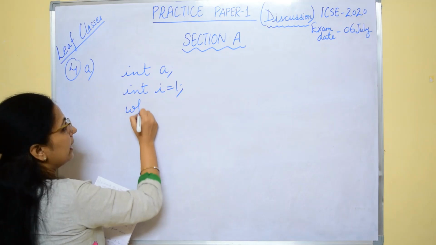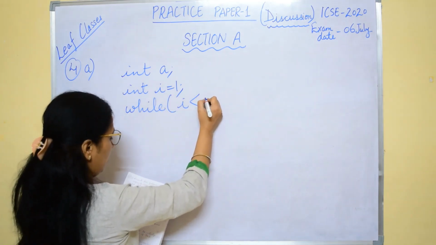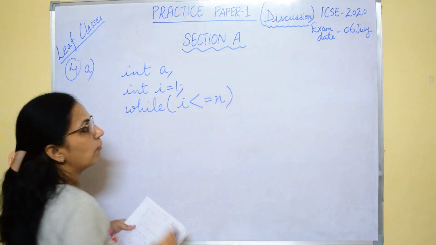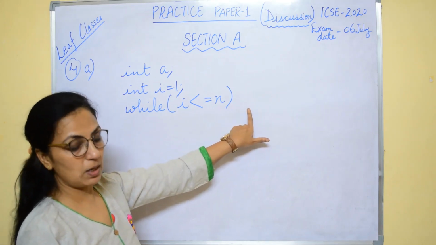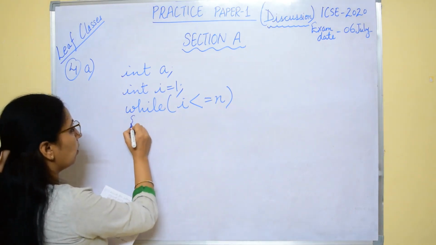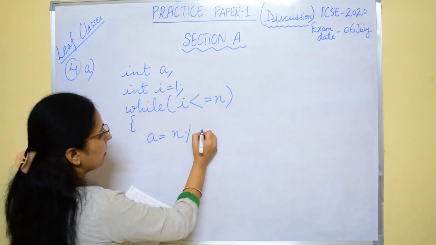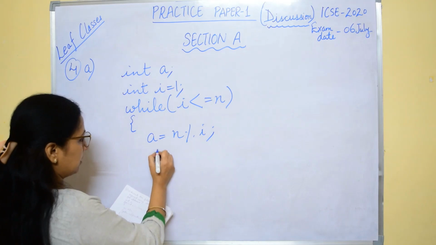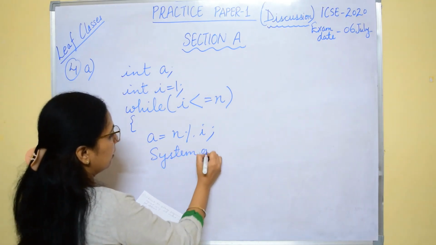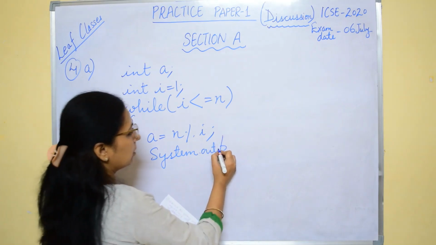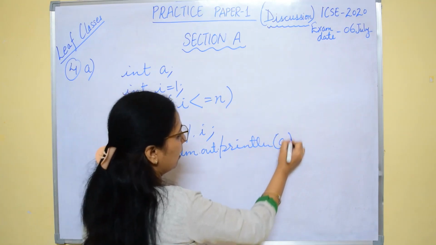Then with while you will give the condition which is given in the for loop. That condition will be with while, no semicolon here. Then the statements which are given here, you will copy as they are: A equals n mod I and System.out.println of A. Right?